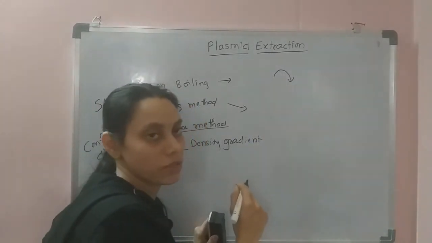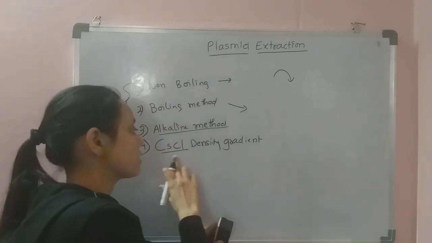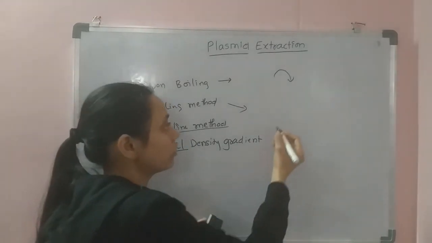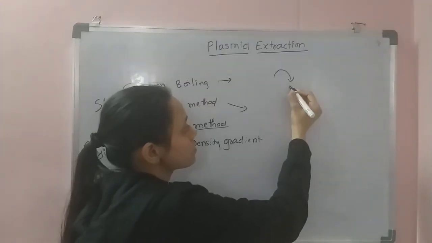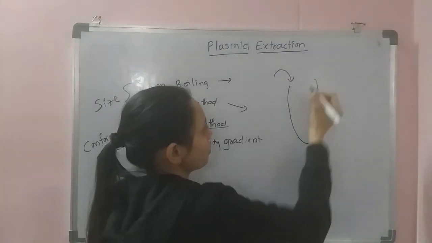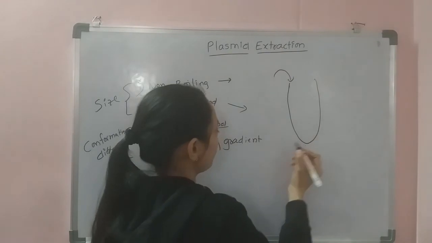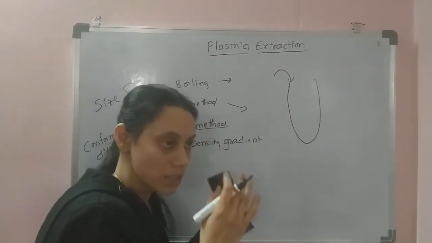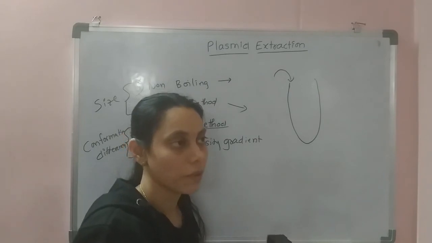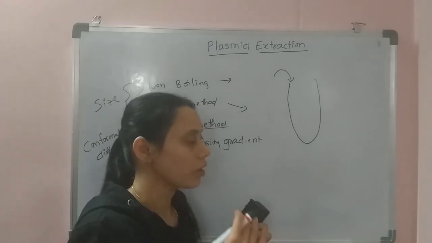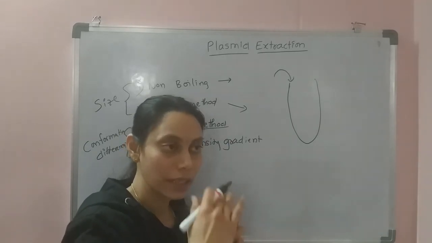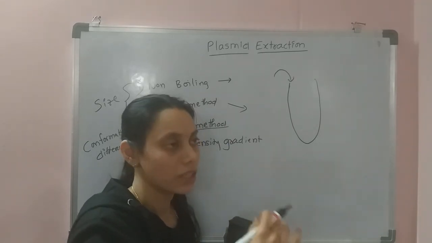The EtBr treated cells will be added to the cesium chloride density gradient. After centrifugation, as we all know, we are going to have a density gradient. That means different layers will be separated.